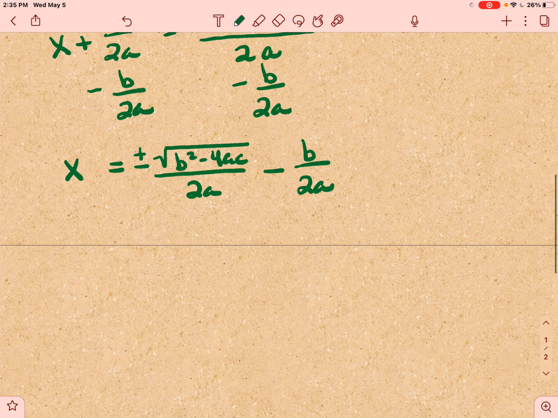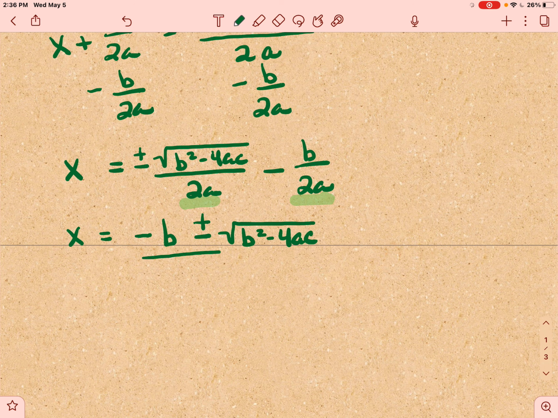So let's go ahead and combine our common denominators. x equals, I'm going to put that negative b plus or minus the square root of b squared minus 4ac all over 2a.